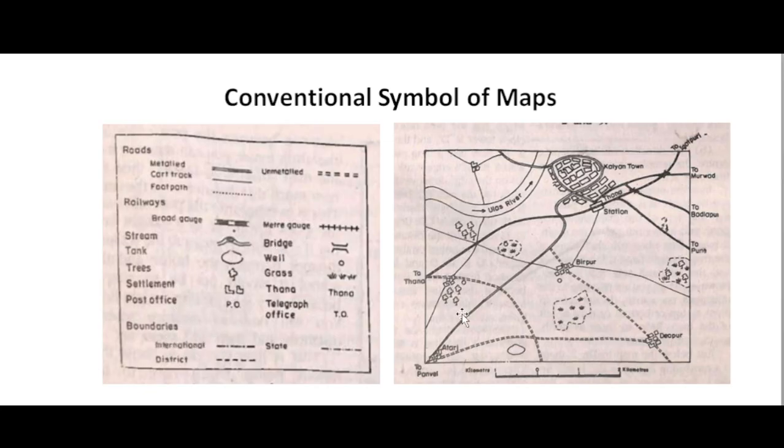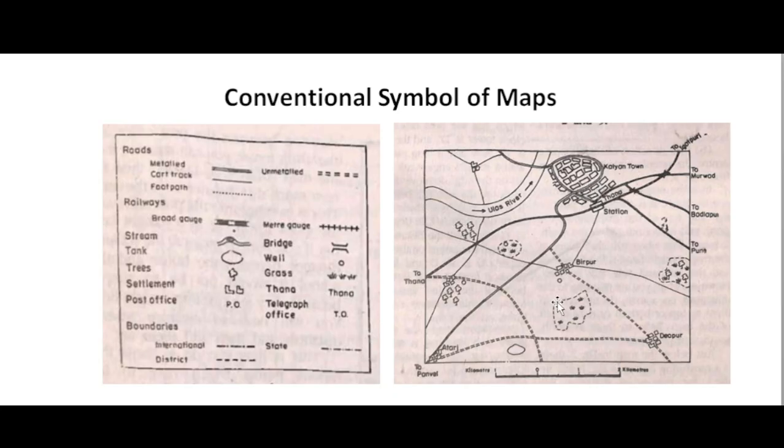On the right hand side you can see this is the Koilan town and its surroundings. These symbols are given in these maps. This grass you can see, and then Thana you can see. This is the Koilan town.